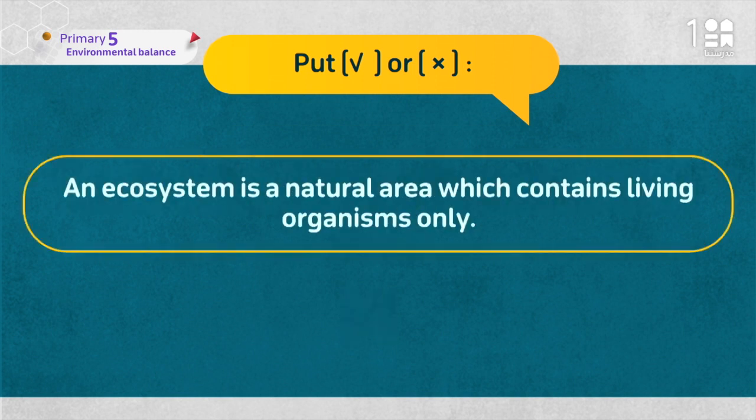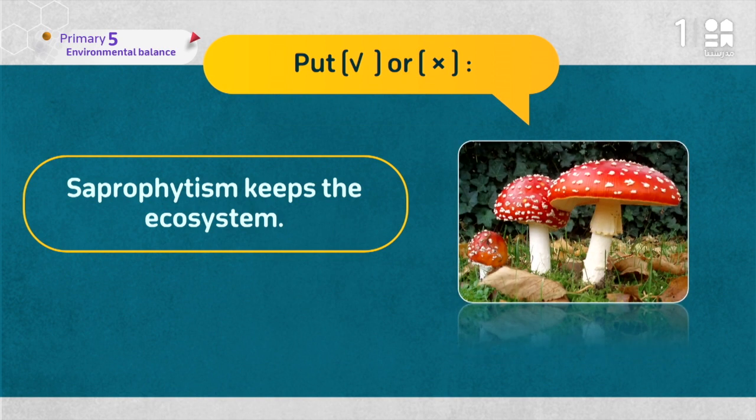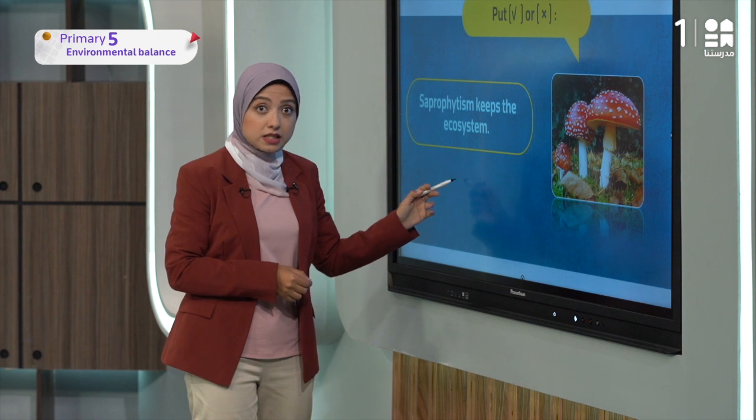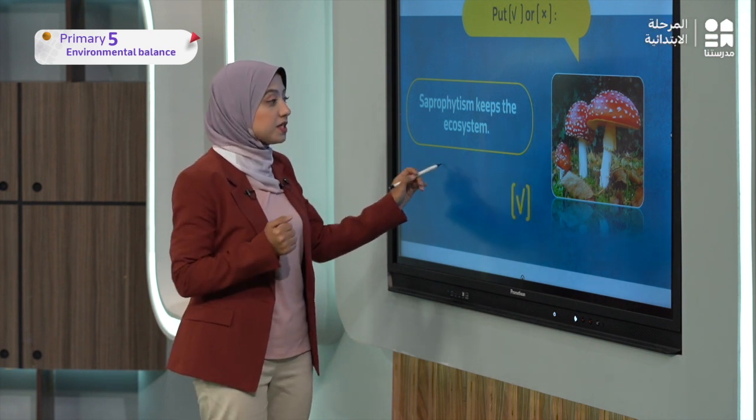Okay, an ecosystem is a natural area which contains living organisms only? No, it contains living organisms and non-living things. Okay, now the saprophytism keeps the ecosystem. Yes, we know that saprophytism and predation, both of them, keep the ecosystem.